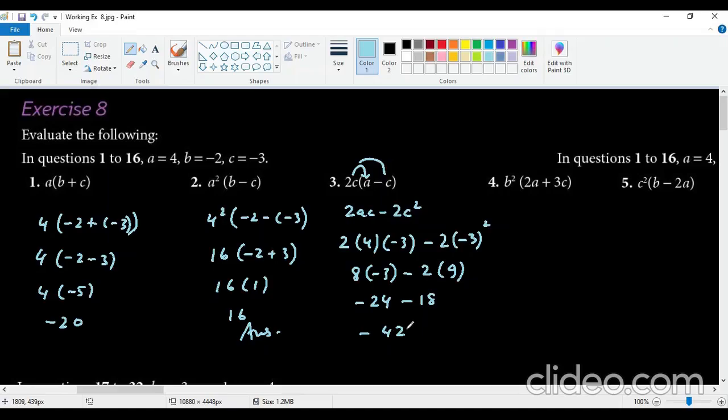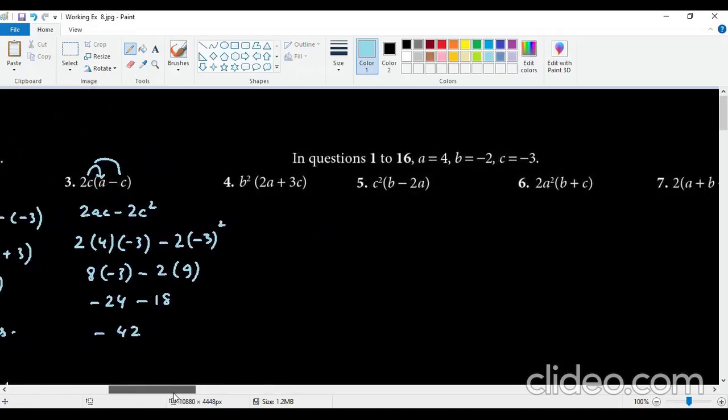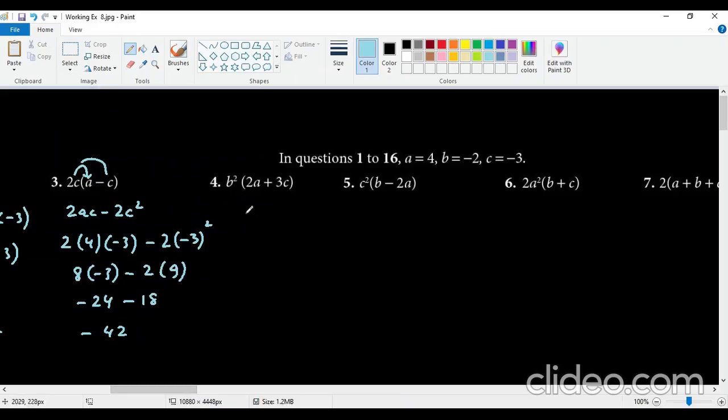Now for question number 4, I'm solving the previous way. Now this one is going to give you 2ab square plus 3b square c. Always remember we write these variables in terms of alphabetical order. So I can write b square a also instead, but I'm going for alphabetical order.